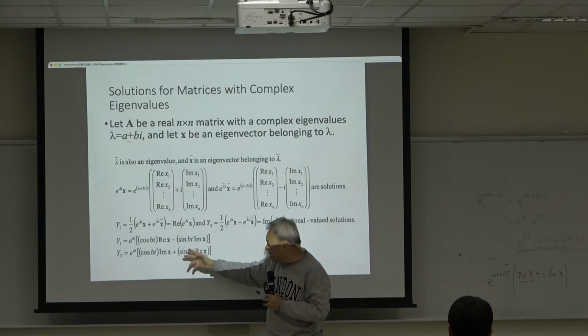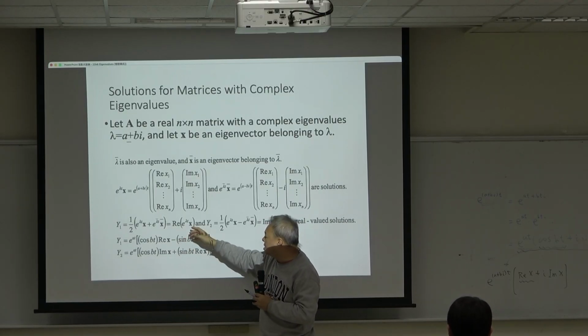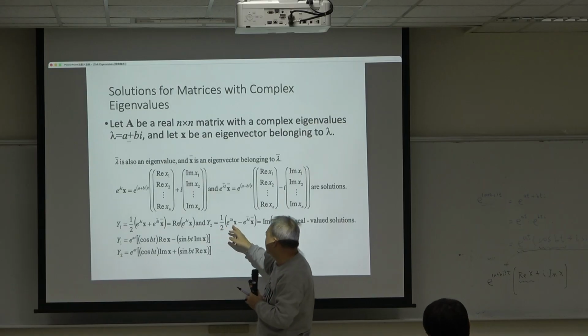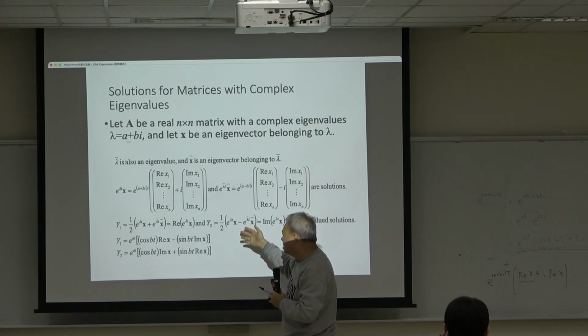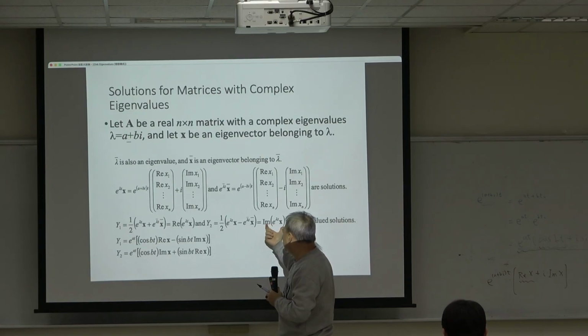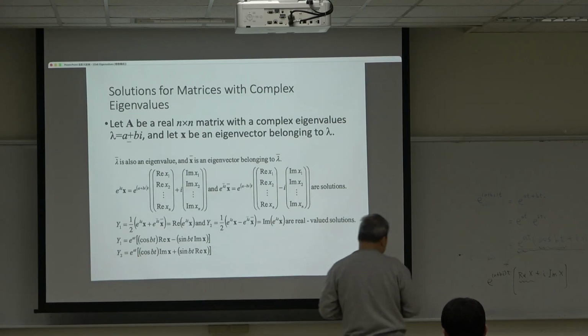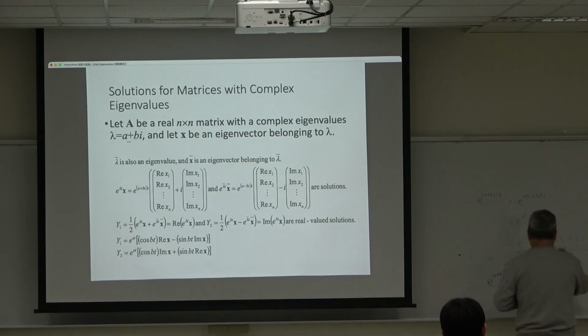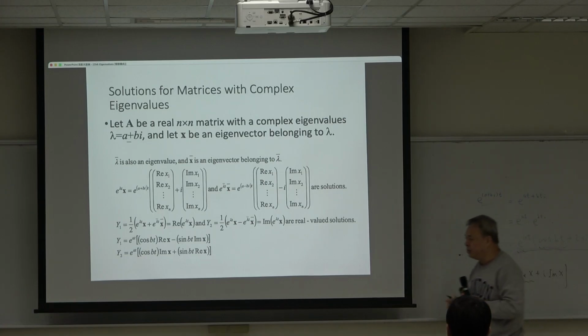And the other one is half of the subtraction, that is the imaginary part of e to the lambda t x. It's just multiplying this one with this one and keeping the part with i. So one is this one times this one, another is this one times this one.